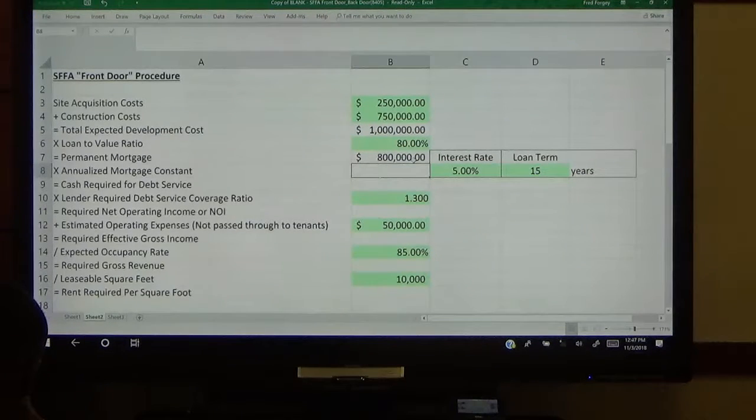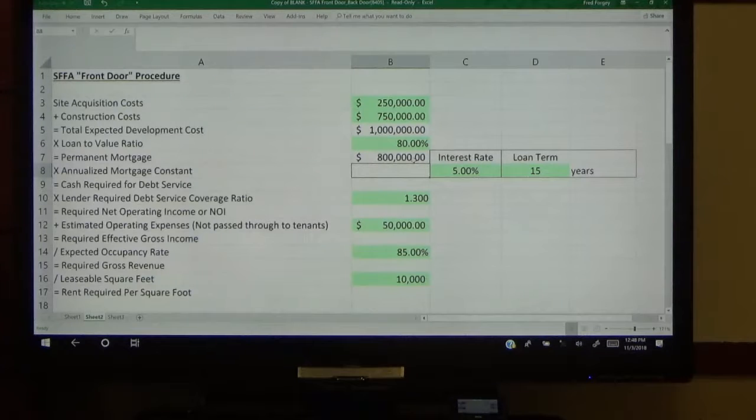Basically, you start off with 12 payments per year. In this case, we've got 5% as our interest rate and 15 years as our term. We put in $1 as the loan amount, or the present value, and we solve for the payment.